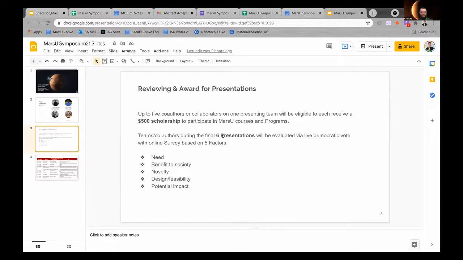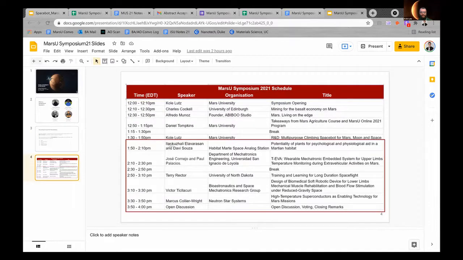And so when we're voting, we should keep in mind that our votes should be based on these 5 factors and each of our prior knowledge and research and experience to evaluate these 6 presentations. And here they are as a reminder.